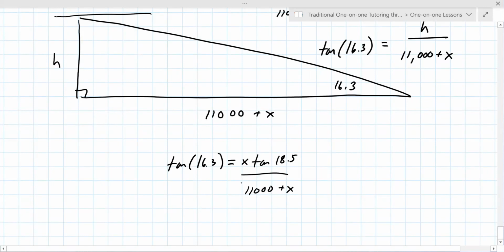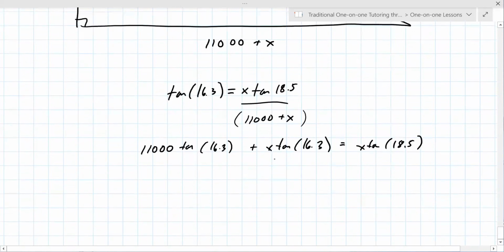So you multiply the left side by this: 11,000 tangent 16.3 plus x tangent 16.3 equals x tangent 18.9. You move the x term to the other side, and then you factor out your x.